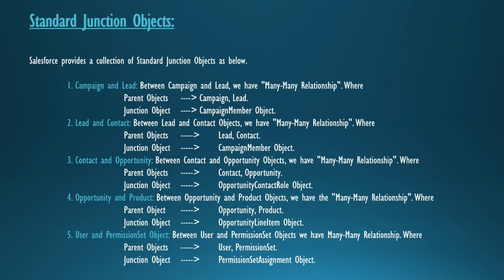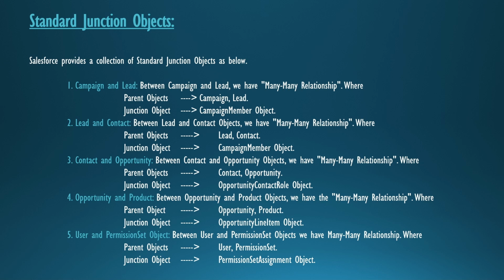Junction object is opportunity line item object. 5. User and permission set object. Between user and permission set objects we have many to many relationship, where parent objects are user and permission set. Junction object is permission set assignment object.